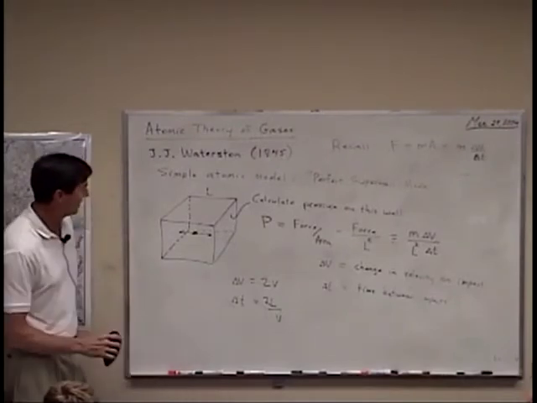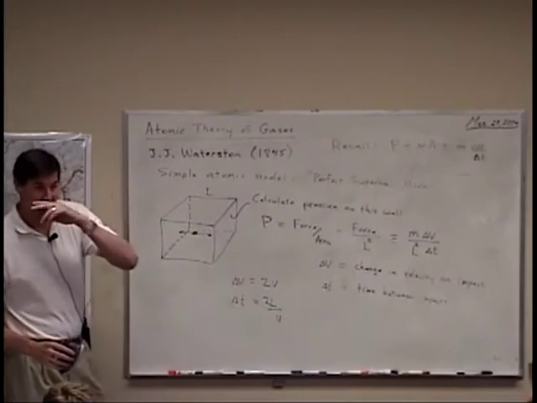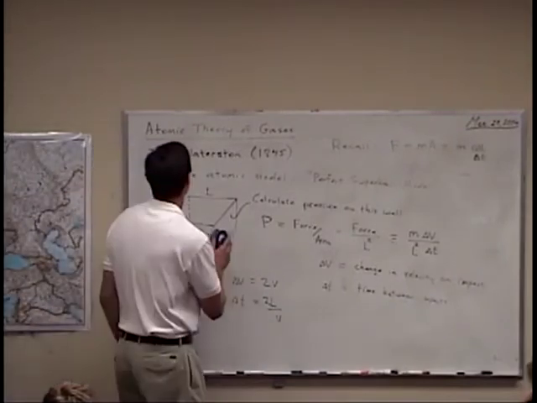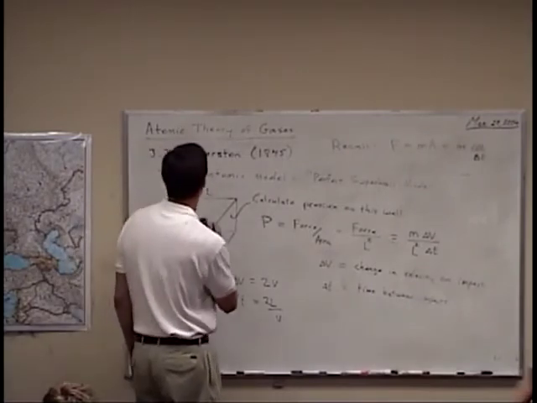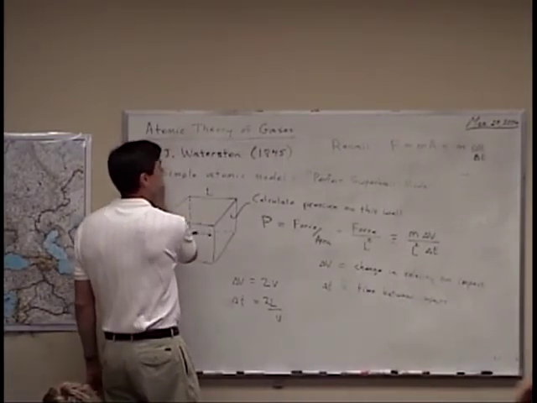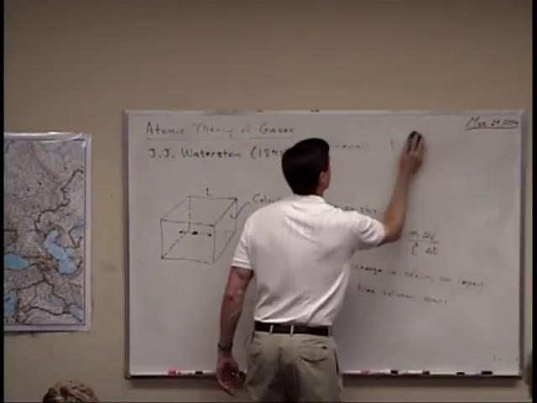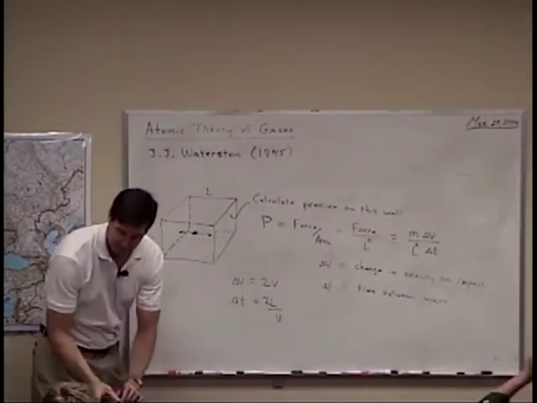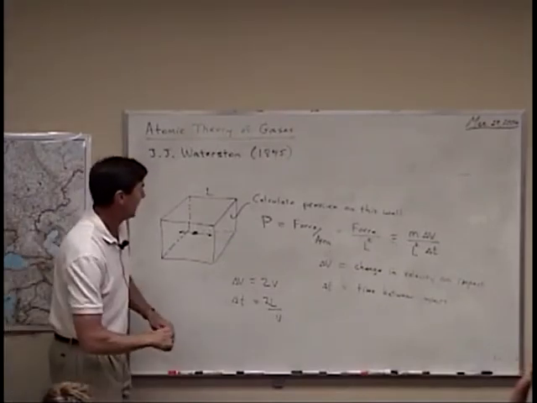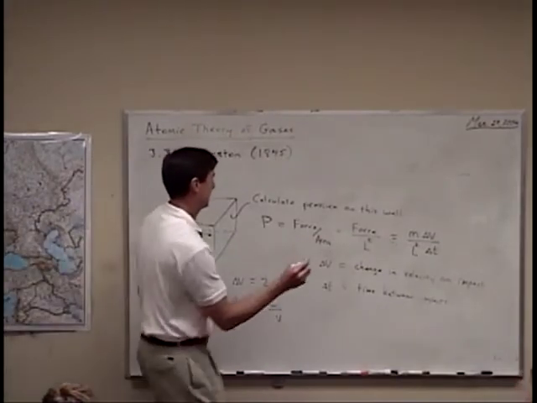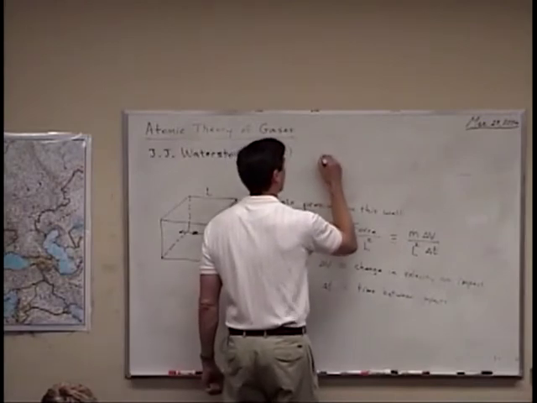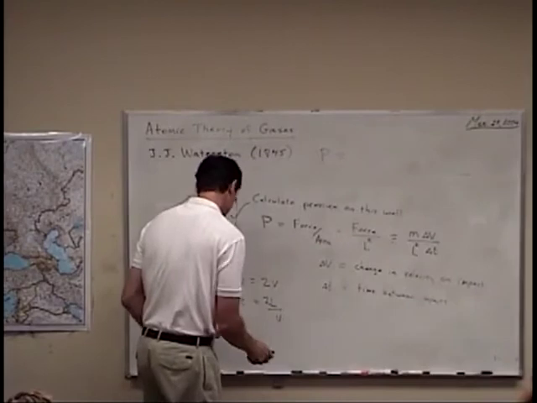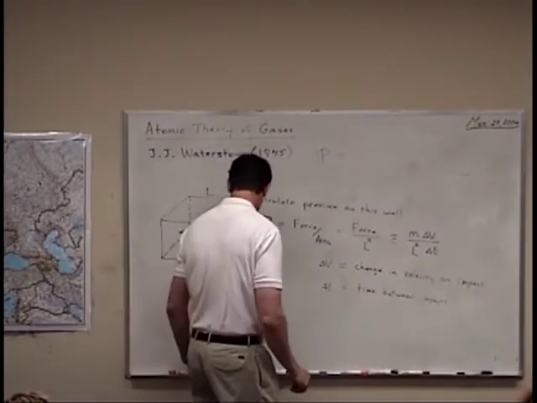Okay, now let's put all this together. We've got all the pieces now. Let me erase some things. So we have the pressure. I'm going to try switching colors here.